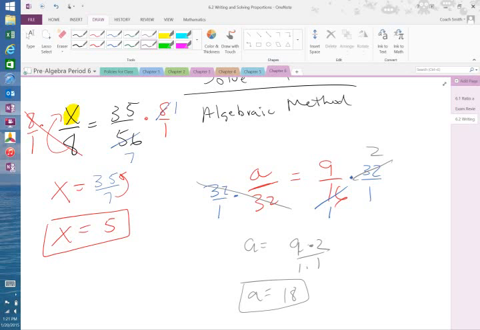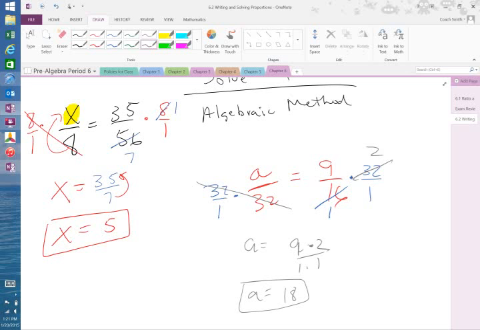All right. If you haven't got your books open, make sure you've got them open, and let's look at number 26. Now, we're going to do quite a bit of word problems in this section and in the next few sections, because a lot of times proportions are used a lot in word problems.